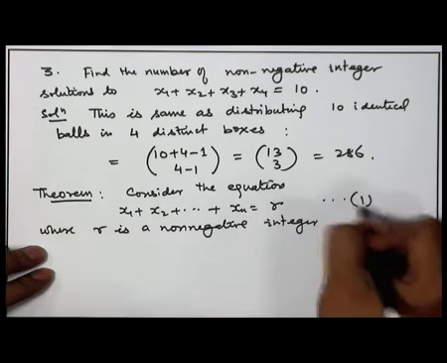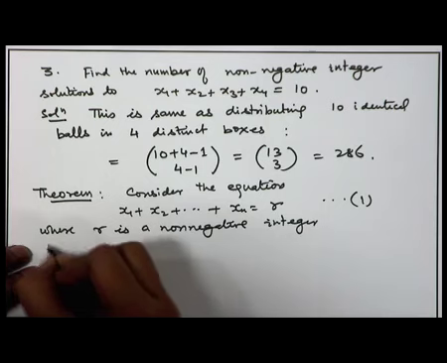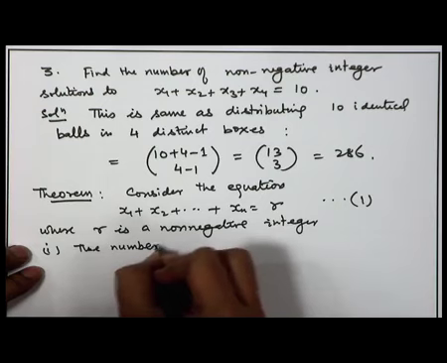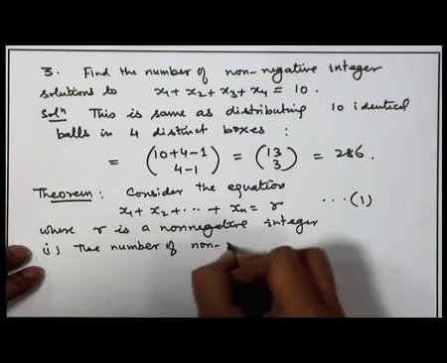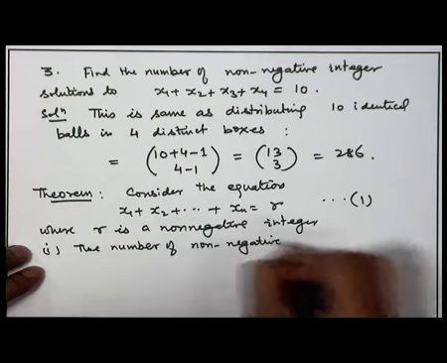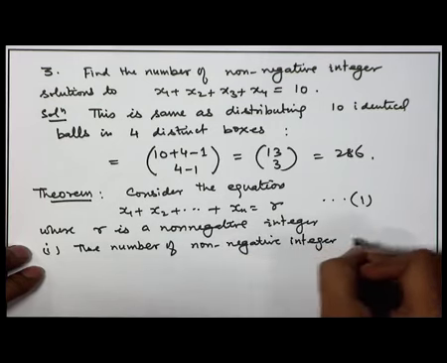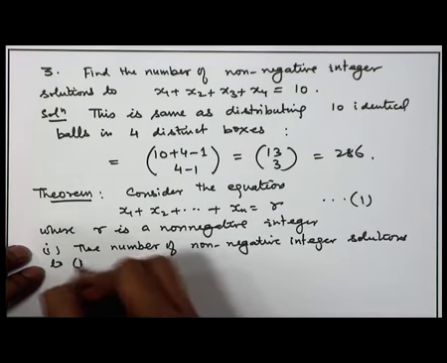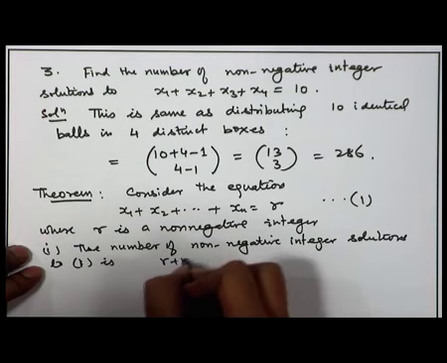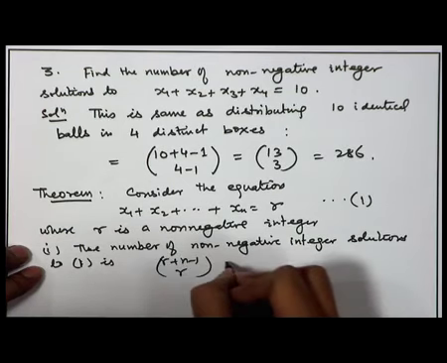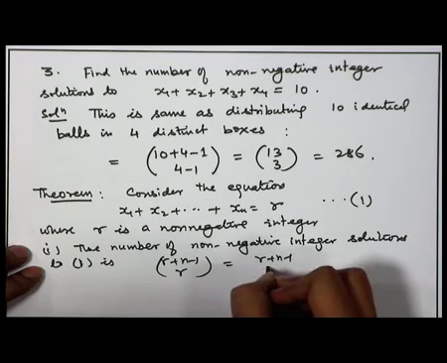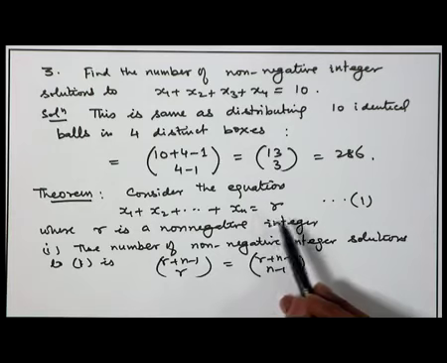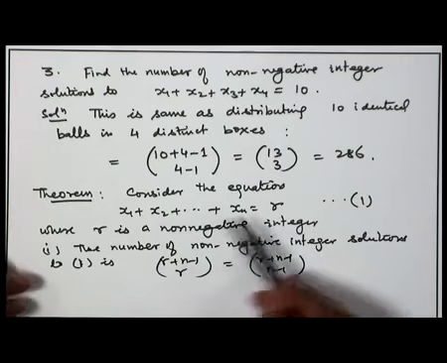Let me call this equation number 1. Then the number of non-negative integer solutions to equation 1 will be (r+n-1) C r, that is (r+n-1) C (n-1), because this is same as the problem of distributing r identical things into n boxes.